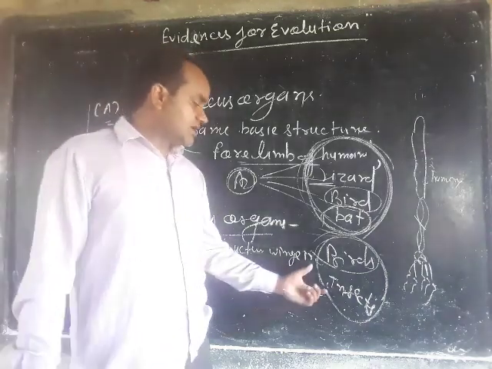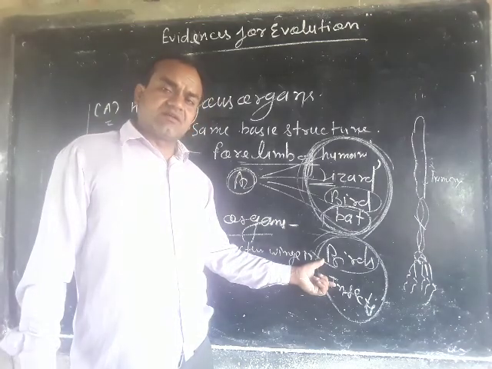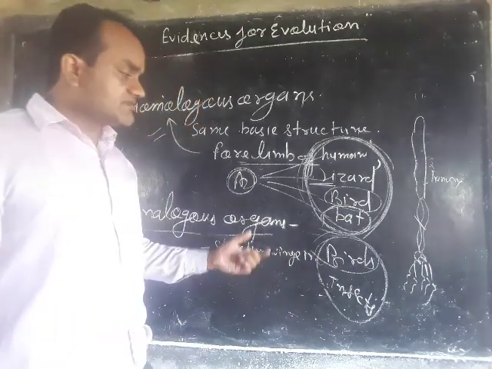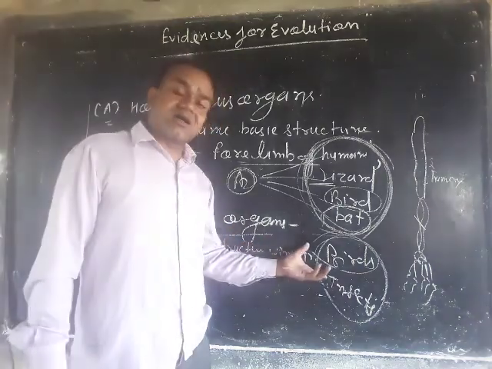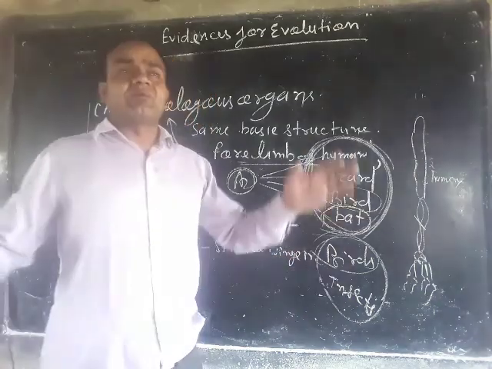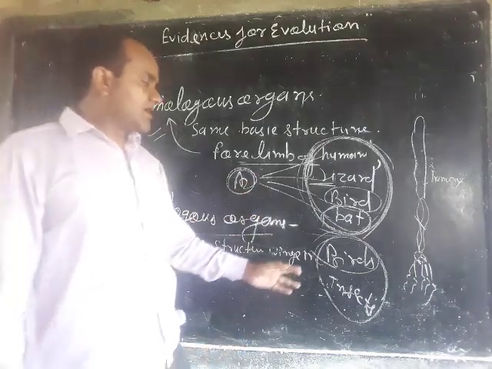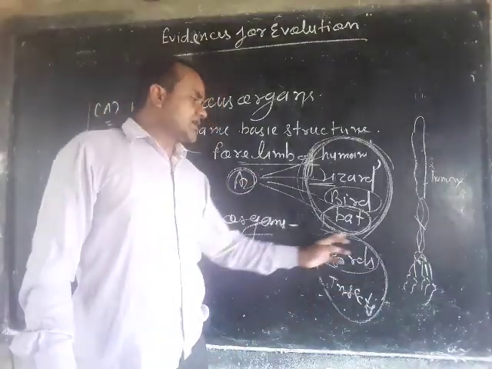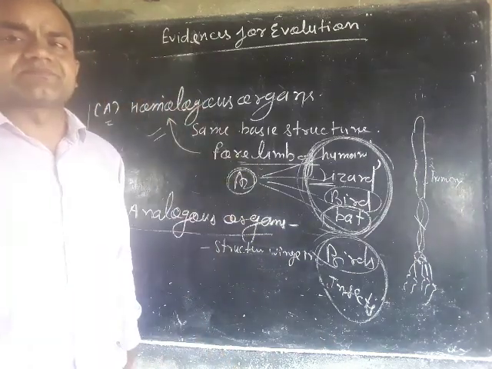They show similar function, but they are different. They did not evolve from a common ancestor. They evolved from different types of ancestors, but due to environmental conditions they evolved for flying.